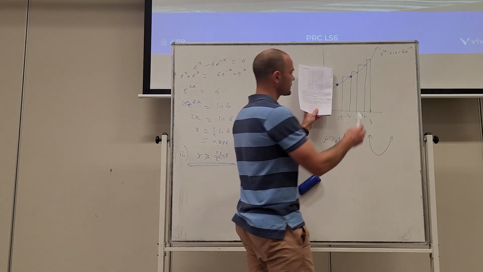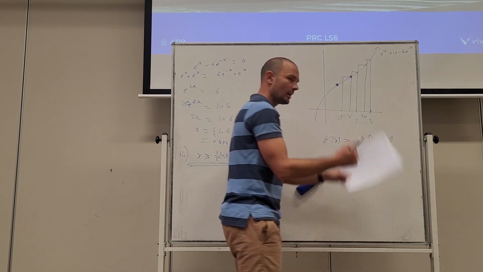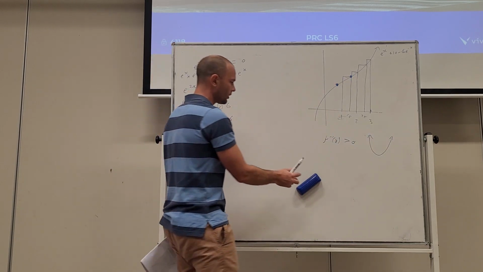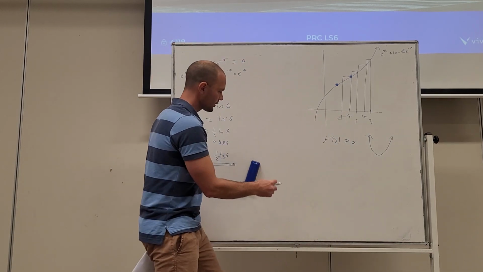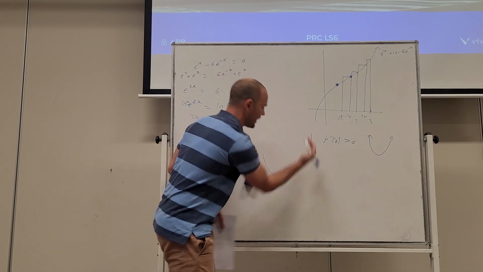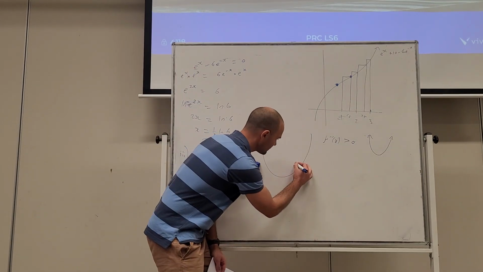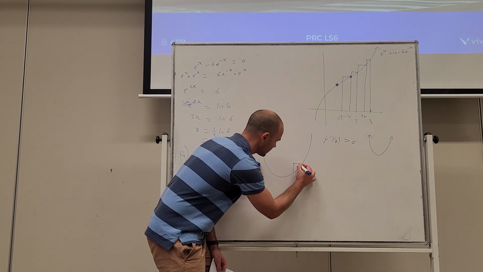So let's focus on this section that we're interested in, between 1 and 3. Over this interval, it's concave up. Concave up means it has this shape, right? It's curving upwards. It's opening upwards. What I'm going to do is take a random point and draw a rectangle around it.